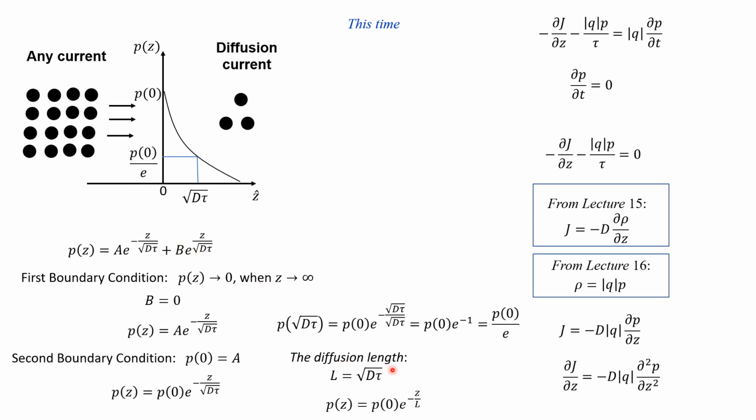So the diffusion length is the typical distance particles propagate in a regime where transport is by diffusion and there is a loss mechanism. So we can use the definition of diffusion length to recast this equation in this form, and we're going to use it in a future lecture when we derive the Shockley equation, but I'm going to remind you in that lecture of where it came from.